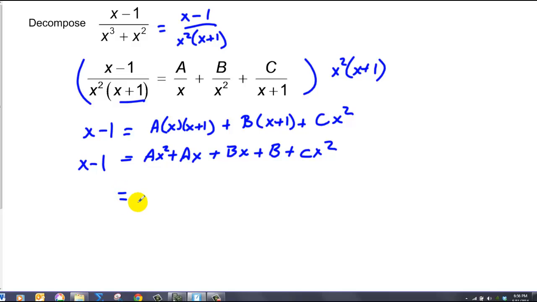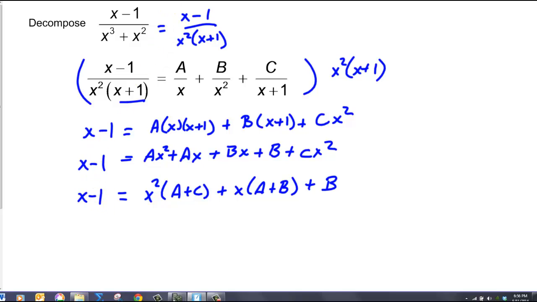Going to group everything. You'll notice I have x squared terms of a and c, x terms of a plus b, and a constant term of b.